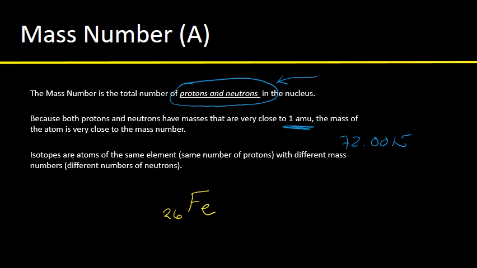But we can have iron atoms with a mass of 56, right? Which would mean that there were 30 neutrons.